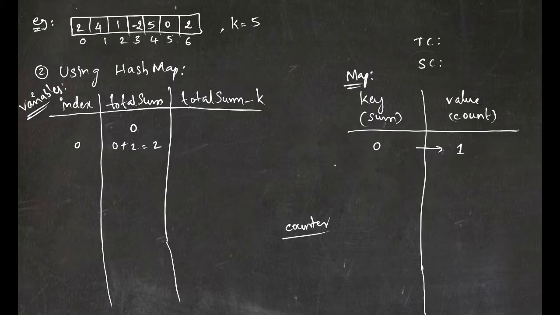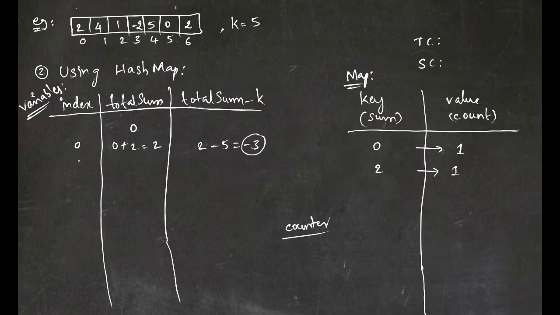I have to keep this sum inside the map, so it is 2, and I got it once. And the total sum minus k, it is 2 minus 5, which is minus 3. I need to see whether minus 3 exists in my map or not. It doesn't exist, so just go forward.